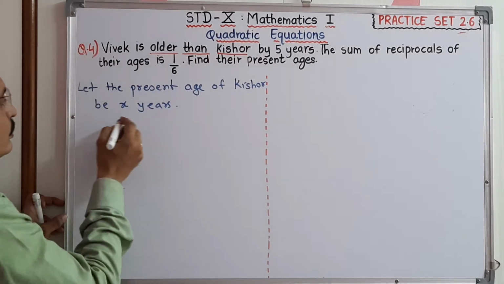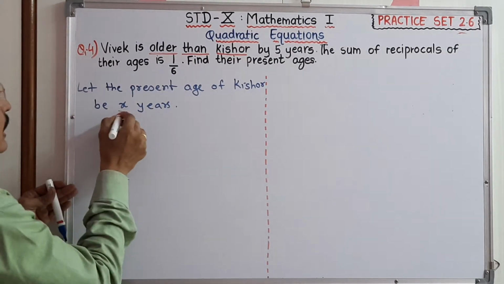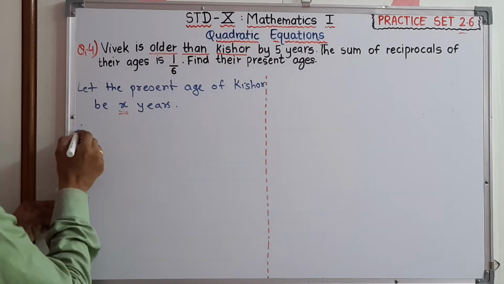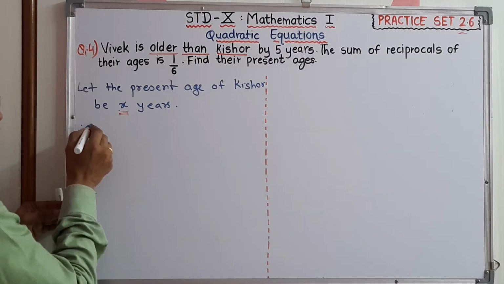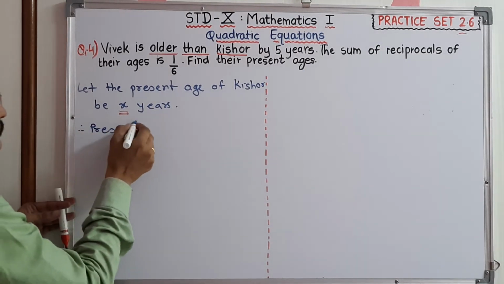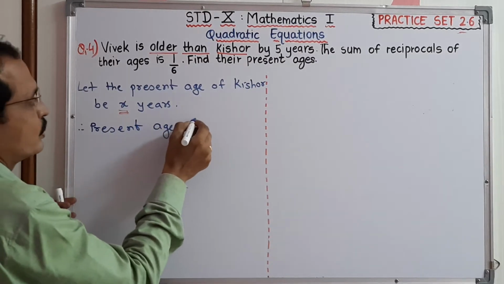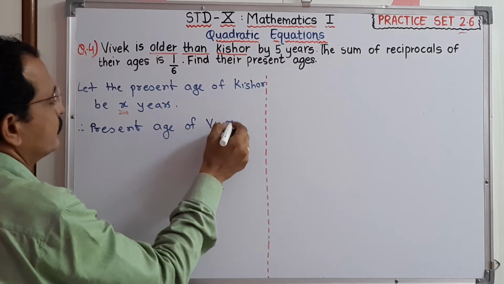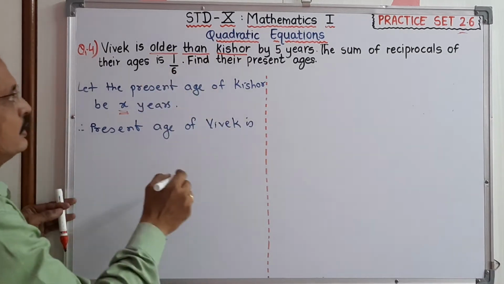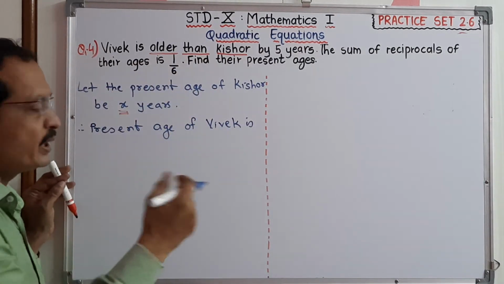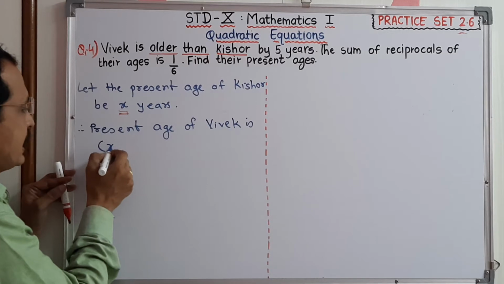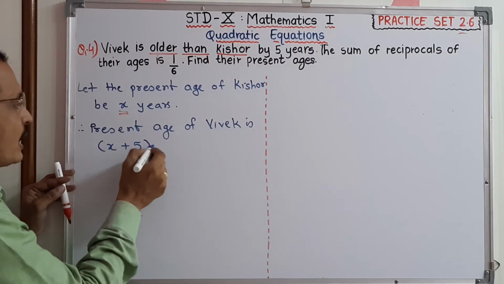Now, from this, we have to find out the age of Vivek. Therefore, the present age of Vivek is older, that means bigger one. Therefore, we can write here x plus 5 years.